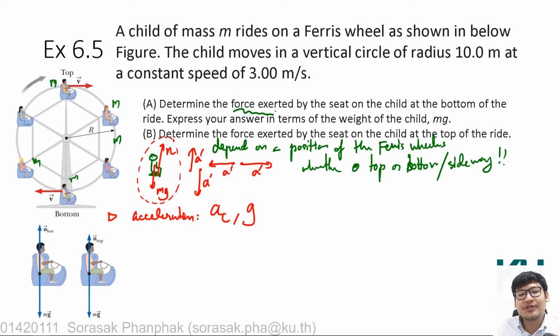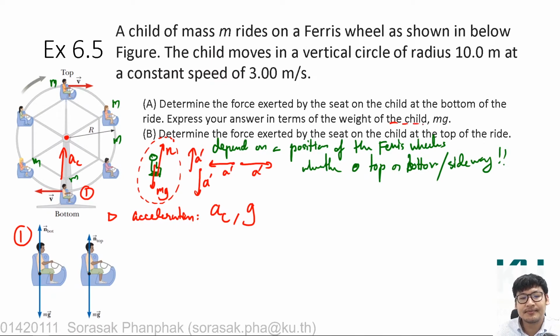The first one would like to determine the force exerted by the seat on the child at the bottom of the ride. So this is the diagram at the bottom here. This guy sits right here, has mg downward, right? And also has the centripetal acceleration pointing toward the center. Express your answer in terms of the weight of this child.